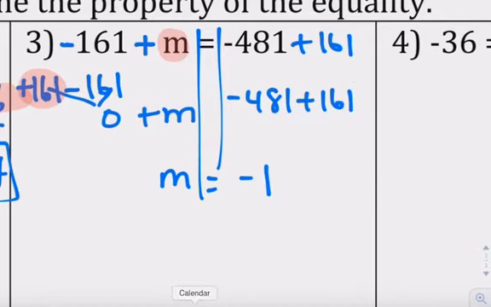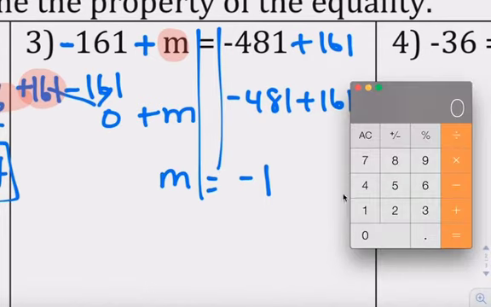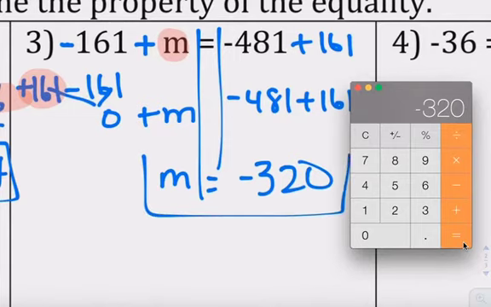Oops, sorry. That's not right. Negative 481, add that to 161. Negative 320. You need to know when your answer is wrong. Can't trust a calculator each time. And that's your answer.